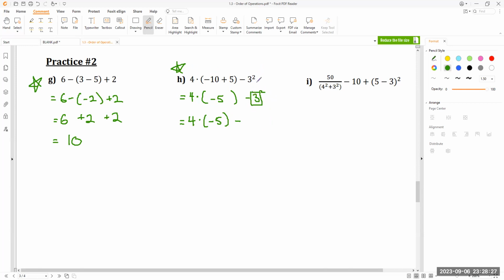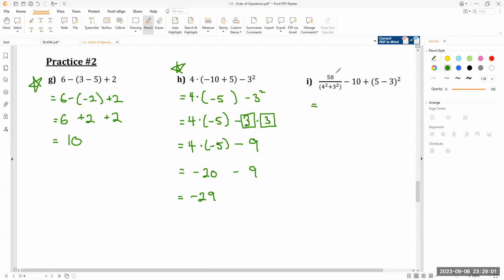I'll talk more about this when we go through our exponent lesson, but for now, this can be rewritten as 3 multiplied by itself. So this is actually 4 times a negative 5 minus a 9, not plus 9. Okay, put a little star next to that and say, Mr. Kim will get to it later. We've got negative 20 minus 9, negative 29.